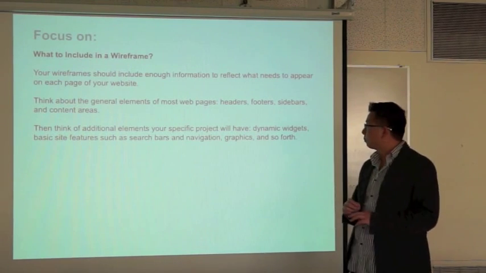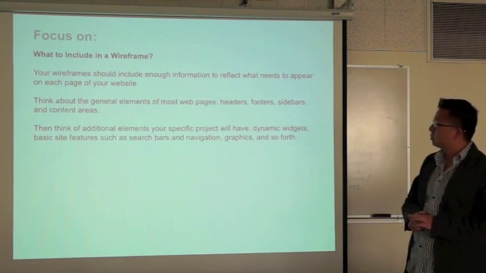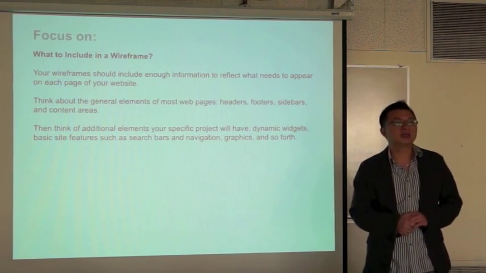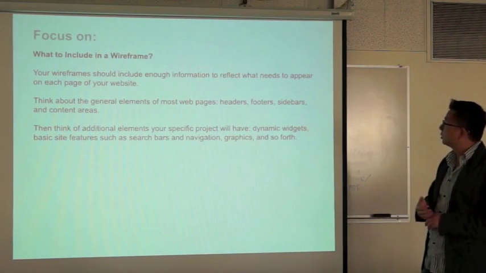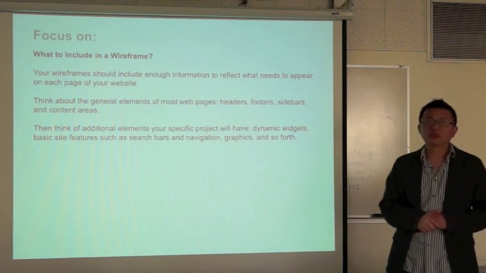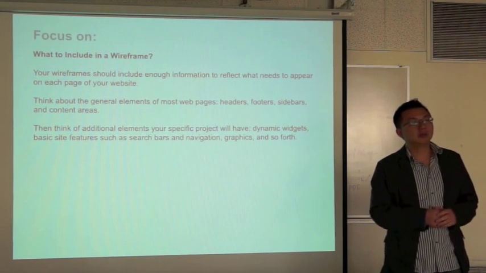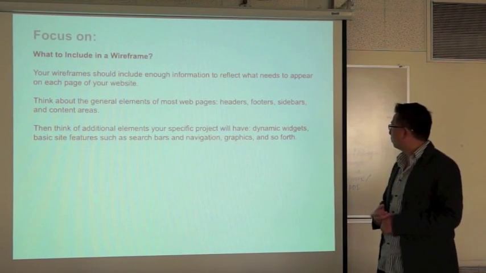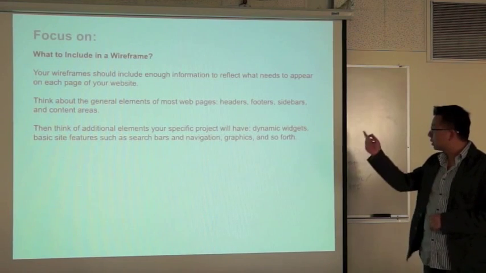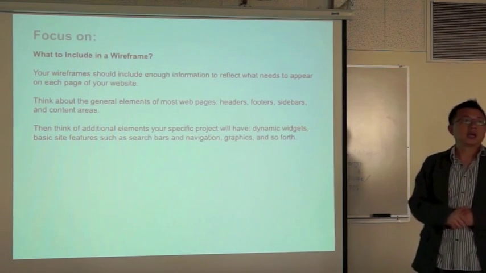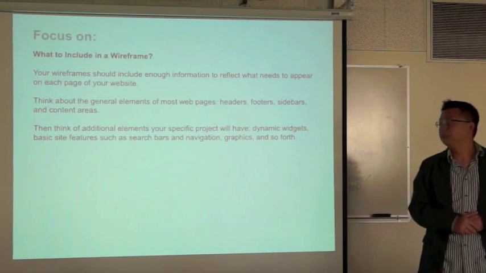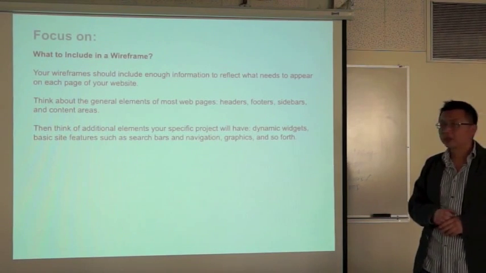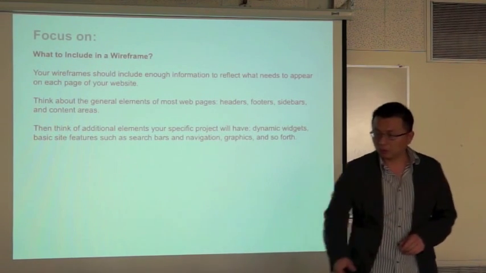And also all the elements for a web page or for a mobile site: the header, navigation bar, menu bar, footers, sidebars, all the content, images, text, and also videos, etc. Also things like dynamic widgets, like a calendar, basic search features, search bars, navigation graphics, but no visual graphics yet.